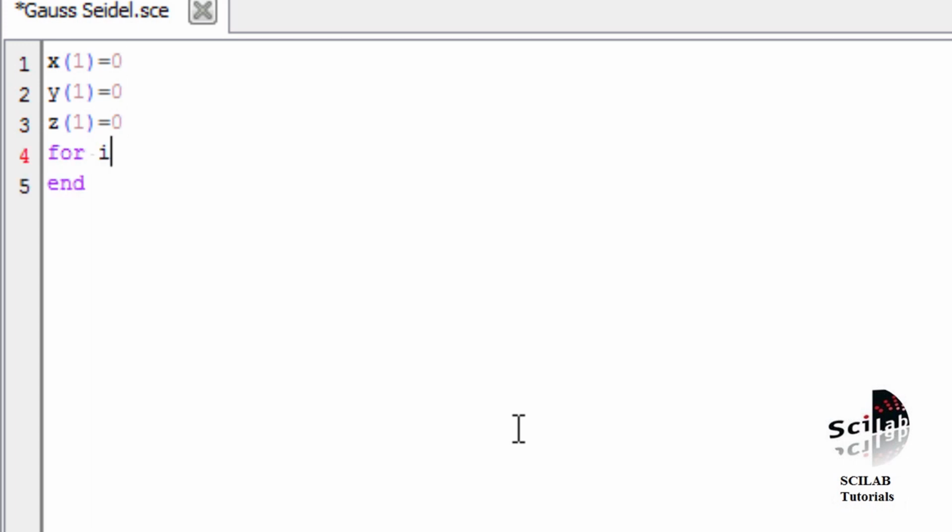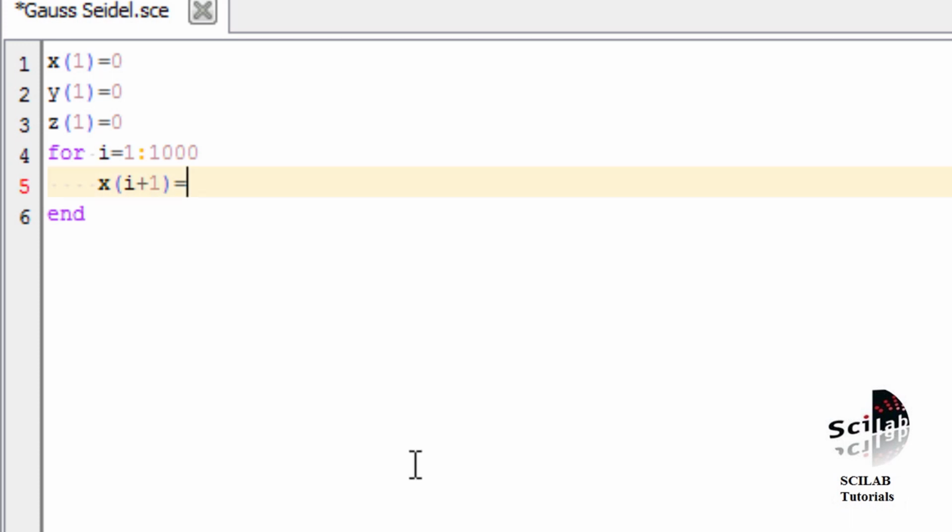Now we will run a for loop for the iteration, and I will choose 1000 iterations. Okay. Now the next value of x will be stored in x(i+1). As soon as the loop starts, i is equal to 1, we will get x(2) by putting i = 1.